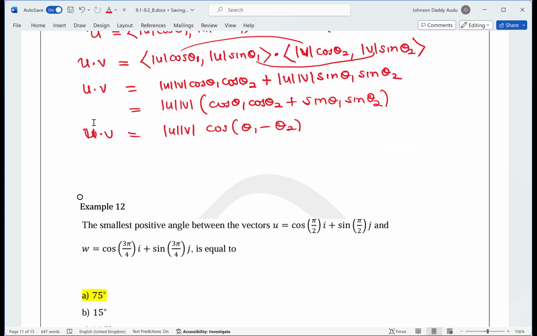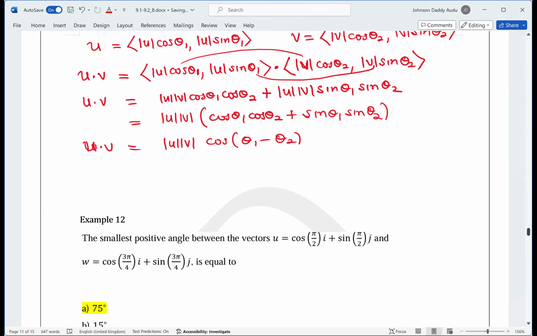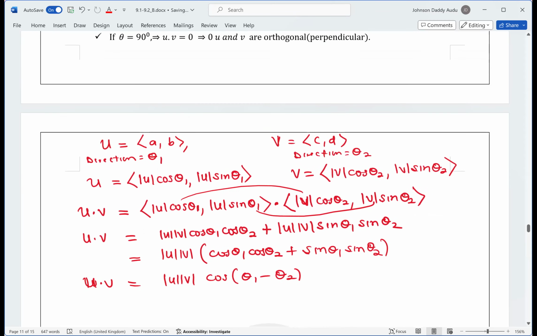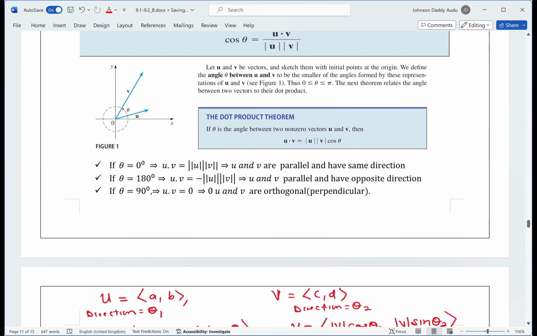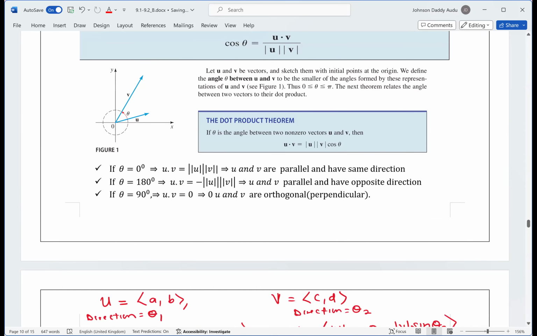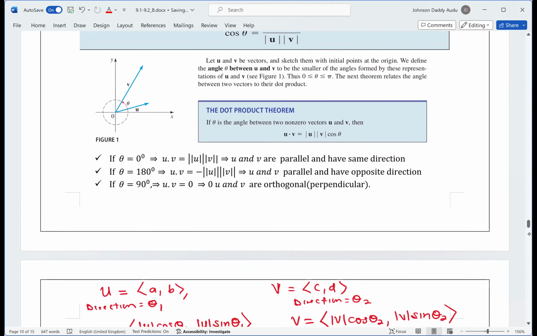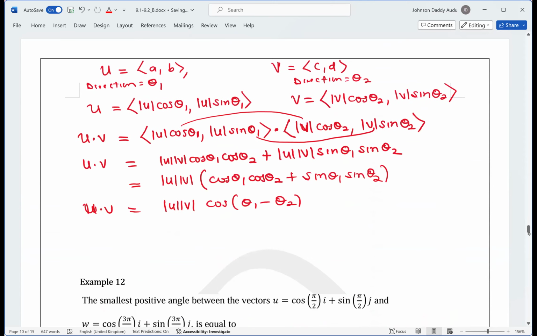So you see that theta 1 is the direction of what? Vector u. Theta 2 is the direction of what? The vector v. So theta 1 minus theta 2 is going to be just what? It's just going to be the angle between u and v.